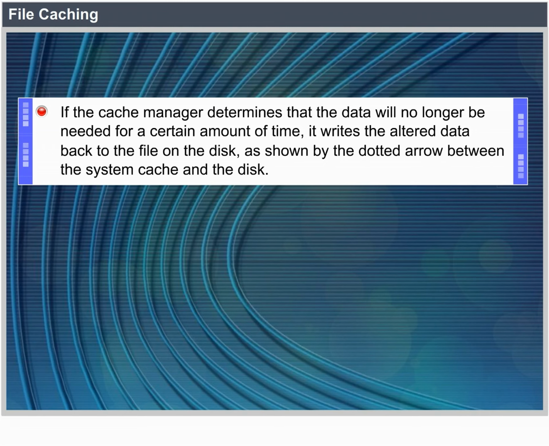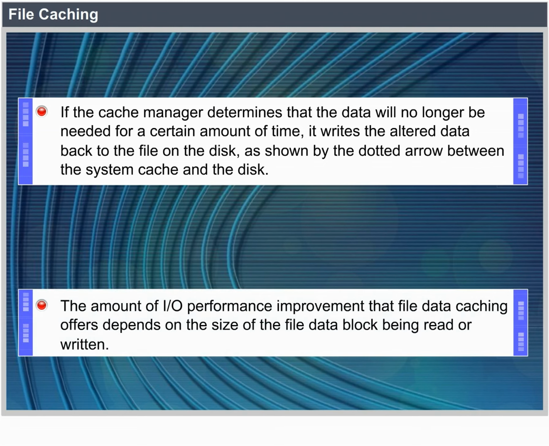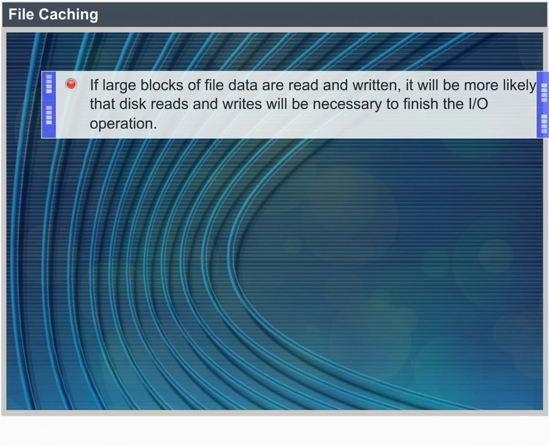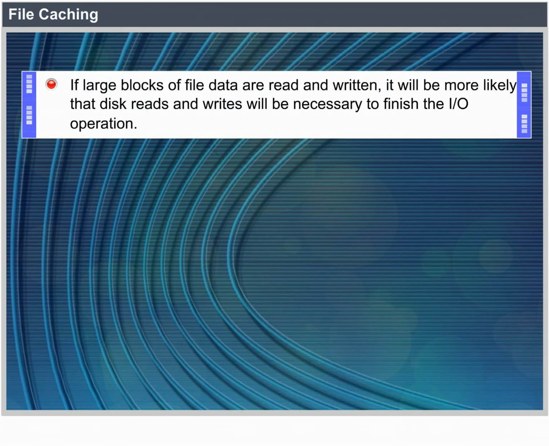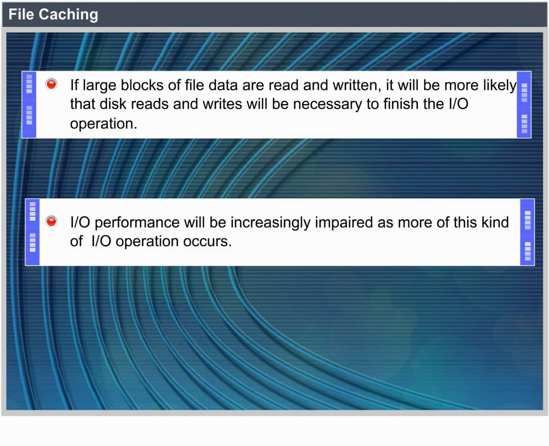The amount of input-output performance improvement that file data caching offers depends on the size of the file data block being read or written. When large blocks of file data are read and written, it is more likely that disk reads and writes will be necessary to finish the input-output operation. Input-output performance will be increasingly impaired as more of this kind of input-output operation occurs. In these situations, caching can be turned off.